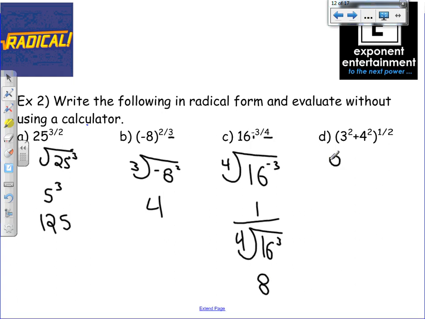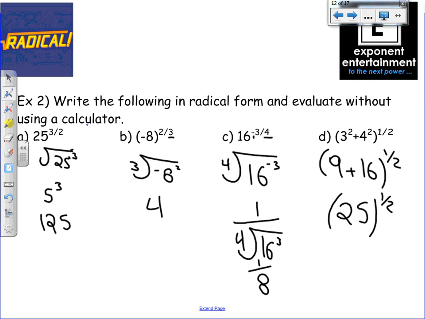Still doing inside the brackets. 9 plus 16 is 25. To the 1/2, the 2 becomes your index, which means you're doing the square root of 25, which is just equal to 5.